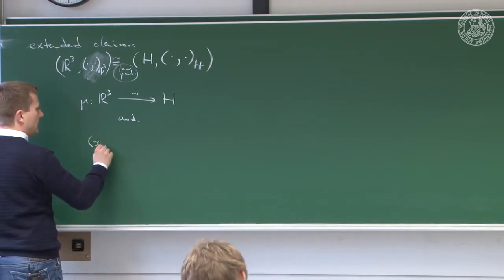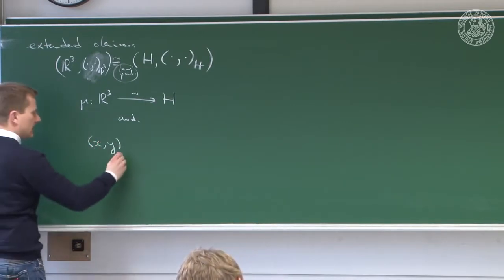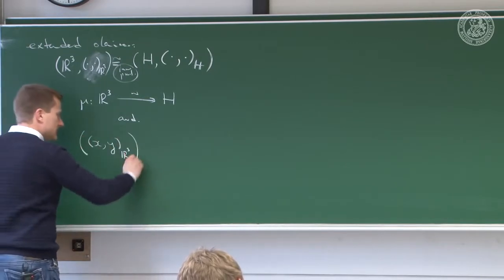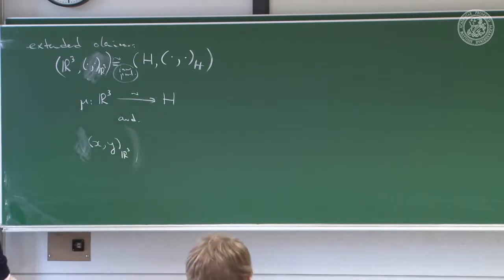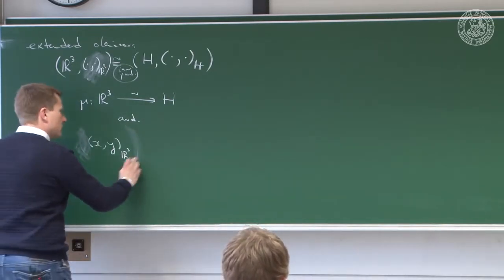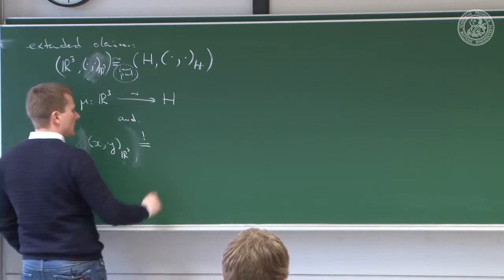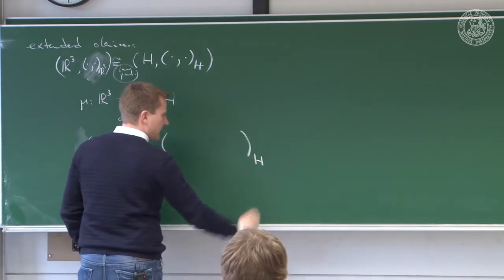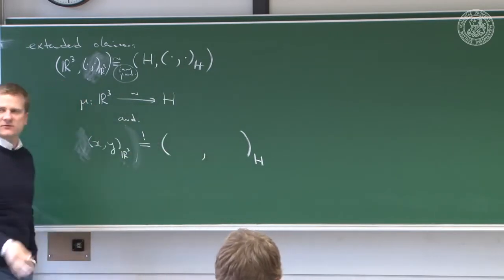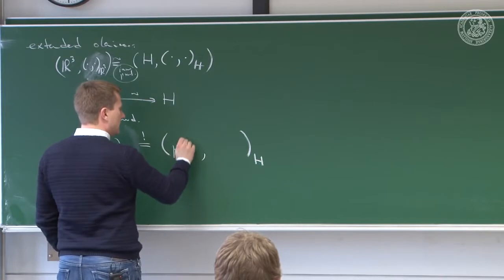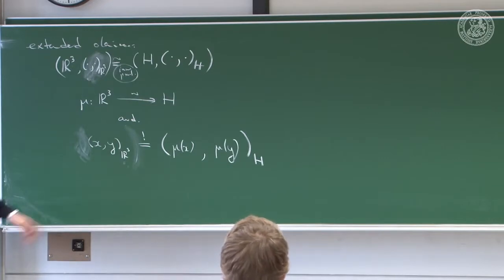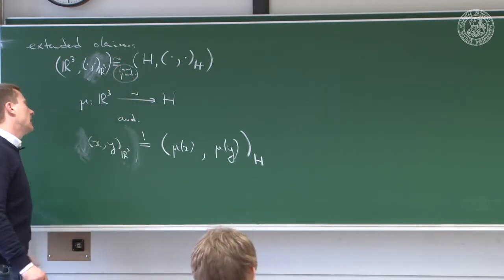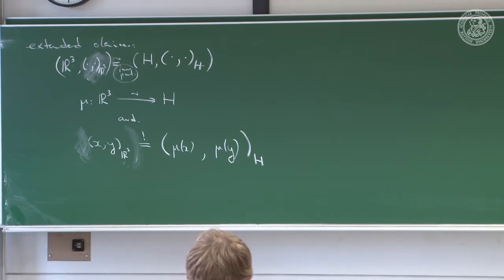I take two elements of R3 and I take the inner product on R3, and then the result, no, hang on. No. So I take the inner product, and that ought to be the same as the inner product on the H space, and this inner product we're going to have to construct, of the images under the isomorphism. Okay? This is what we mean by compatibility or isomorphism with respect to the inner product structure.